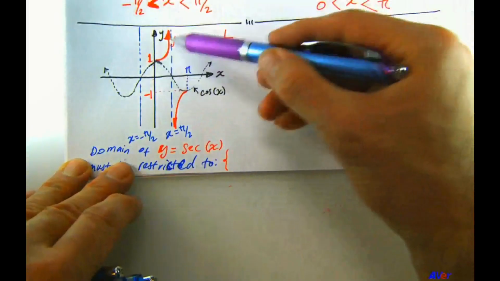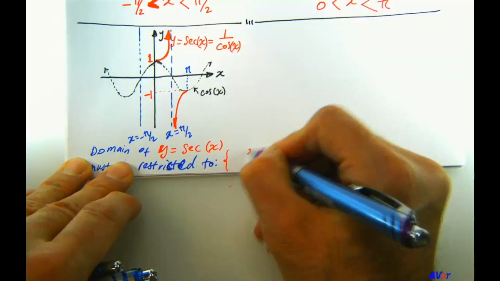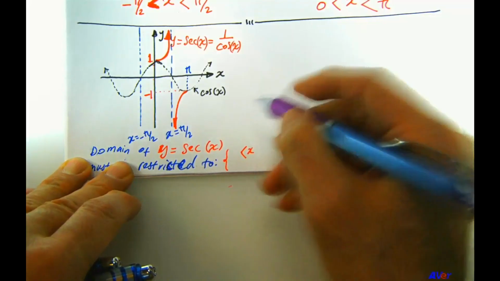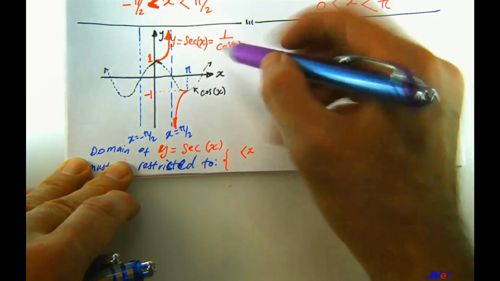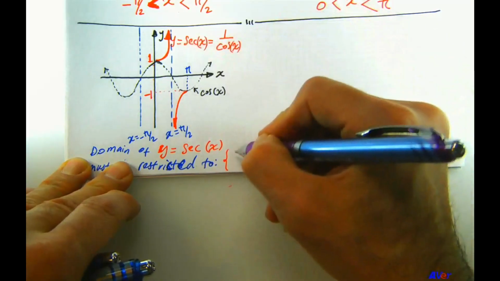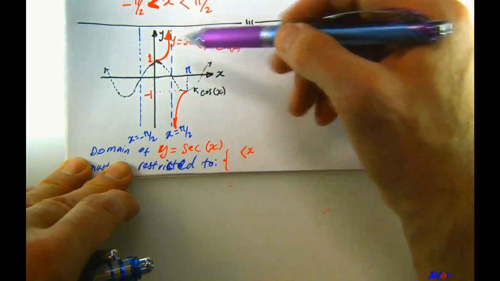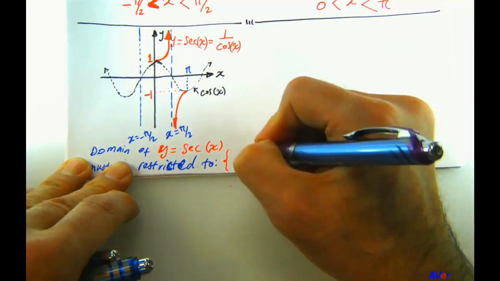From 0 to pi over 2, can it attain 0? Yes, it can attain 0.